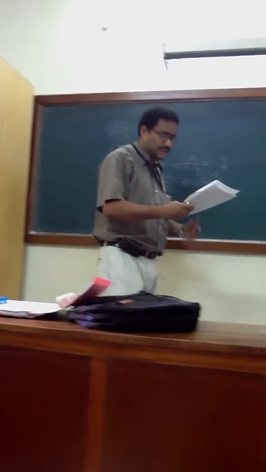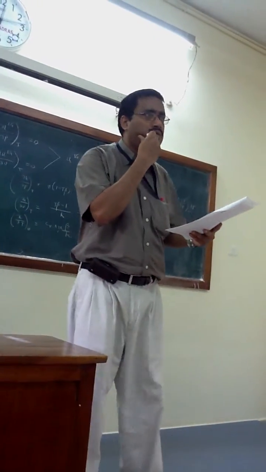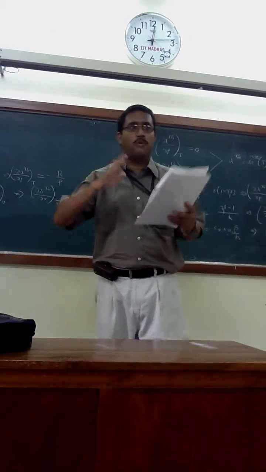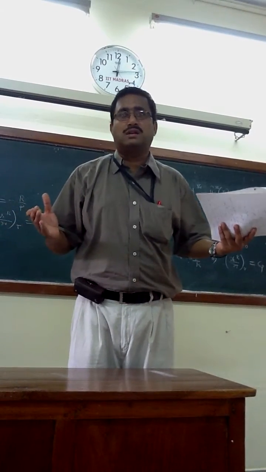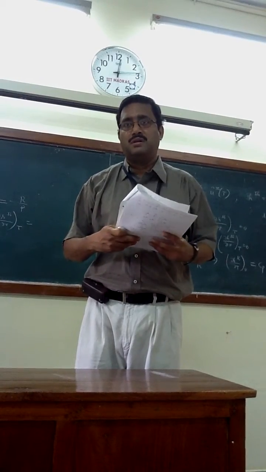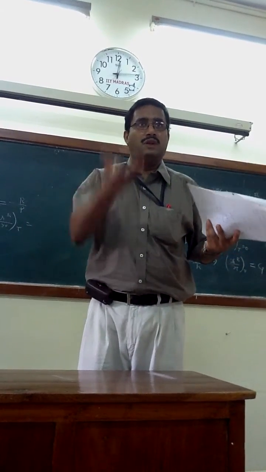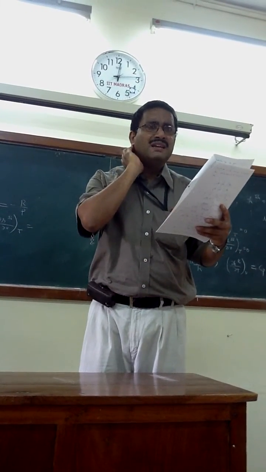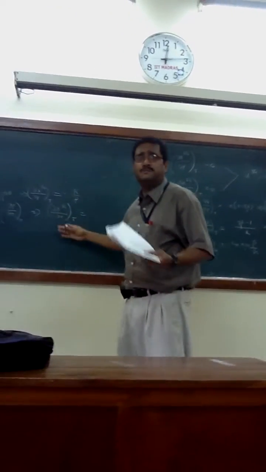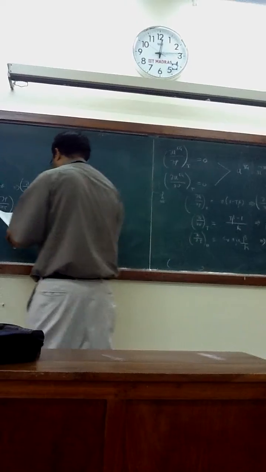Many answers are coming and I am getting confused; please don't buzz, because class things get hampered. If anybody is willing to answer, please raise your hand. I am talking about Ig. Ig means PV equals RT, so the answer is R by V.